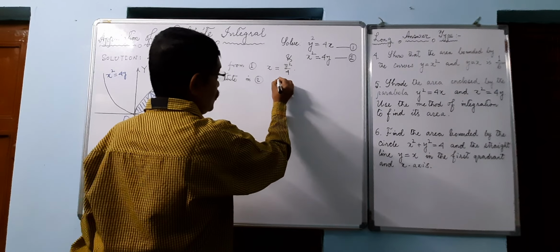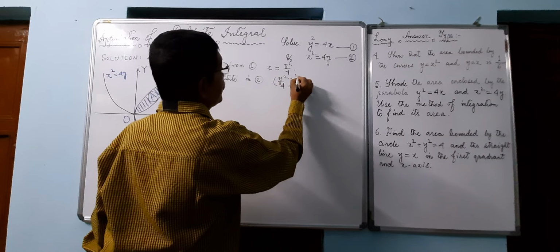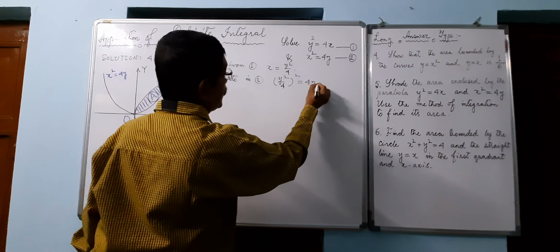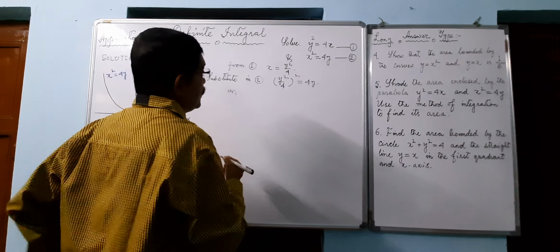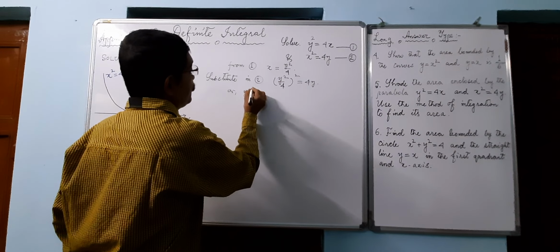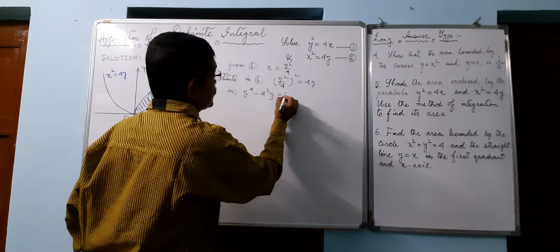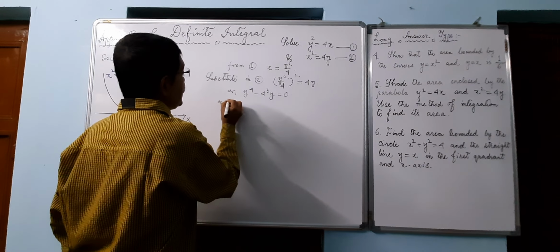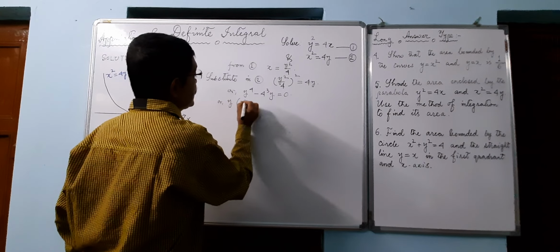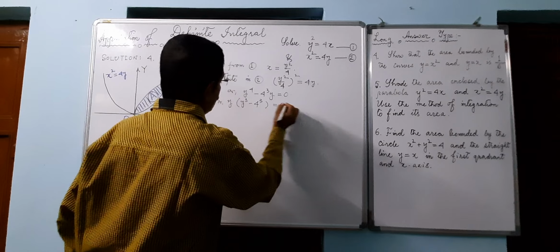x equals y square by 4, that whole square, minus 4y. And if we proceed further for simplification, we get y to the power 4 minus 4 cube y equals 0. Taking y as common, we get y into y cube minus 4 cube equals 0.